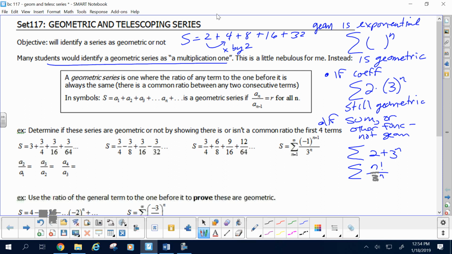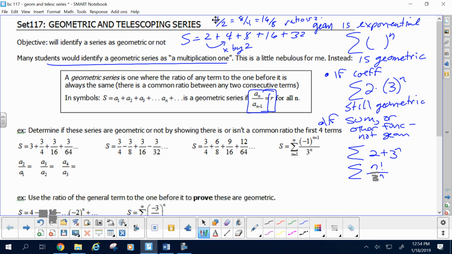The ratio of 4 to 2 is the same as the ratio of 8 to 4, is the same as the ratio of 16 to 8. The common ratio is 2. There's a ratio in common. A common ratio is called r, right? If there's a common ratio, then it's geometric.